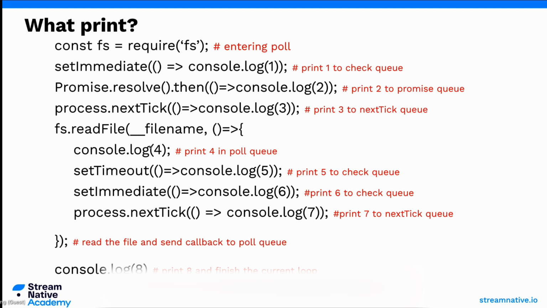The next statement is fs.readFile. Basically, this is a module to read a file, and when you read a file, it creates a callback. In the callback function, you print console.log 4, setTimeout, setImmediate, then process.nextTick.